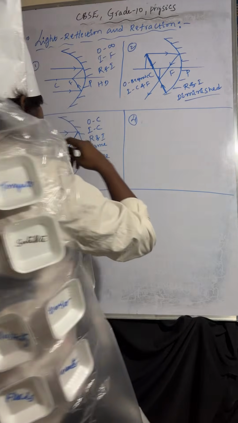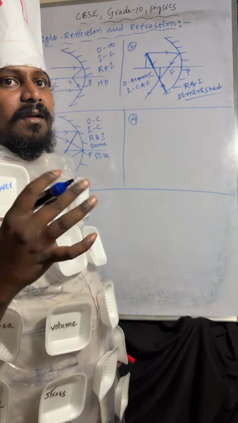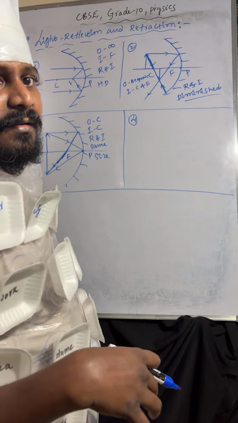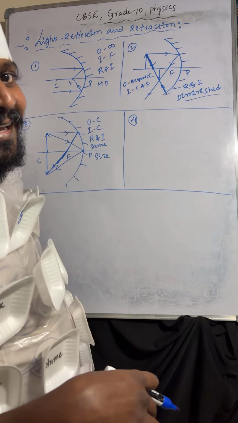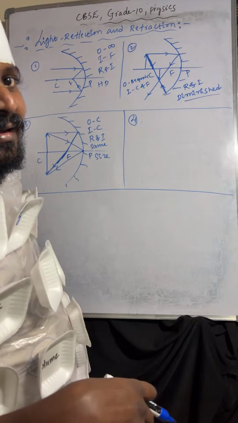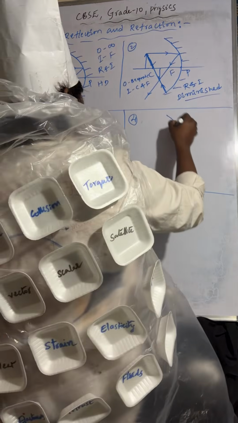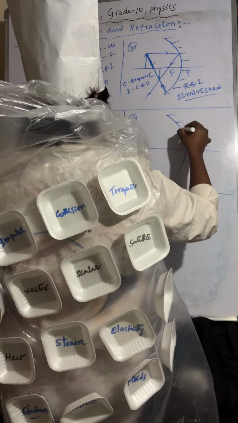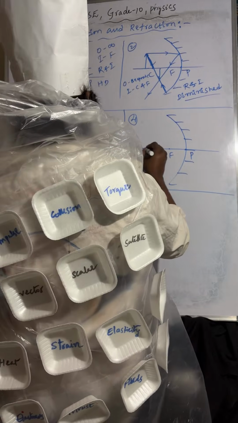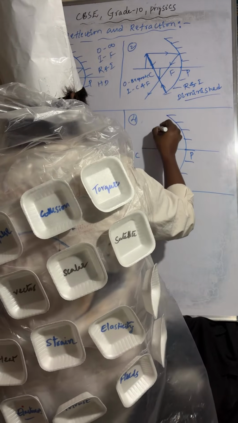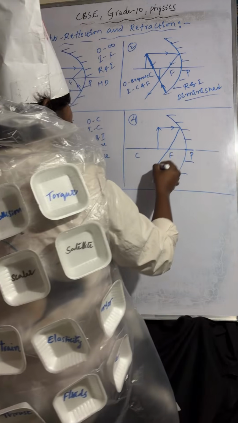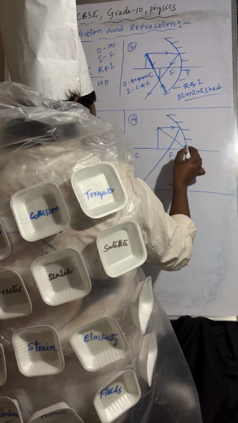Coming to the fourth one, object is placed between C and F. So this is the pole, focus, center of curvature. Object is placed between C and F. Okay, so one light ray is passing like this. Another light ray is incident at the pole.